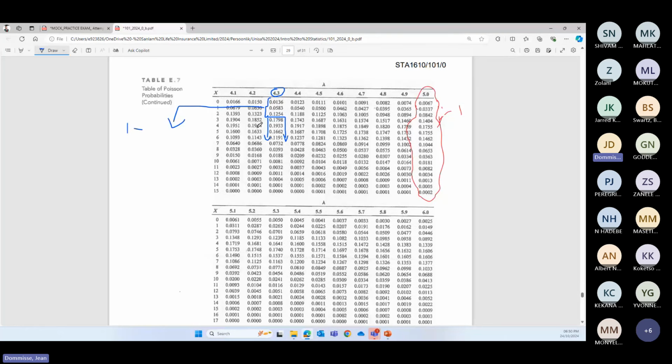So 0.0136 plus 0.0583 plus 0.1254. So it is 1 minus 0.1973. And that will give us then 0.8027. Okay, so you can also add all of these together, and that will also give you the 0.8027.